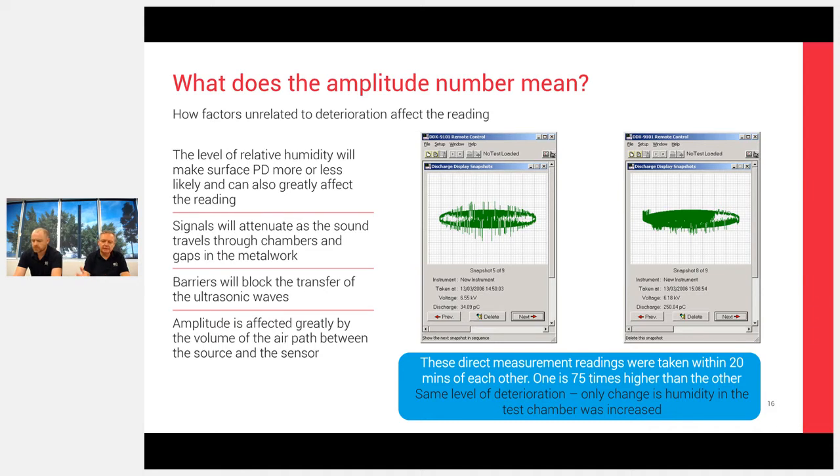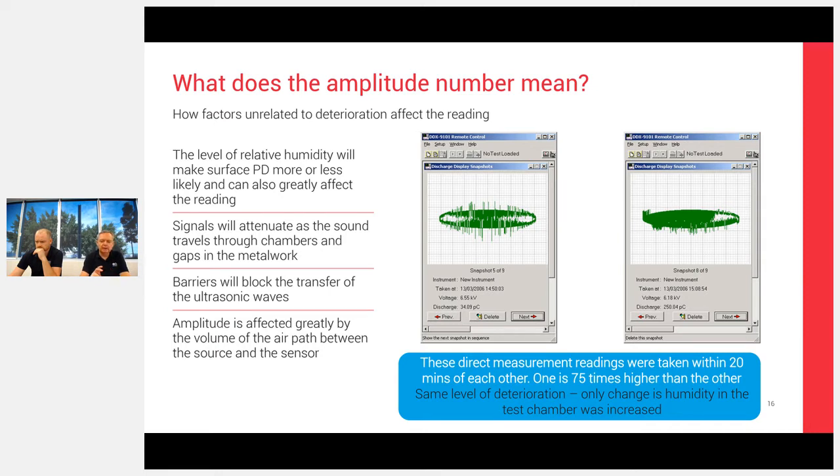So the one on the right hand side, significantly higher levels of surface discharge occurring, significantly more noise in the ultrasonic mode, and so significantly higher picocoulombs, but only around 250 picocoulombs. The one on the left, 35 picocoulombs, so about 75 times higher. However, they're taken within 20 minutes of each other. If we were to open that up and see the level of insulation that we've got left, it's in exactly the same deteriorated state.